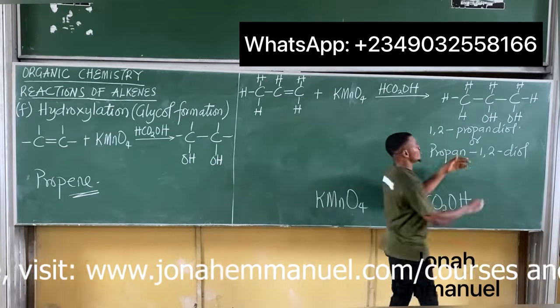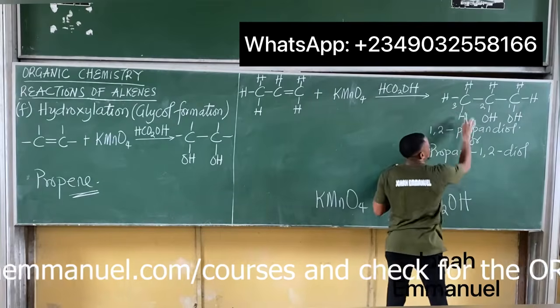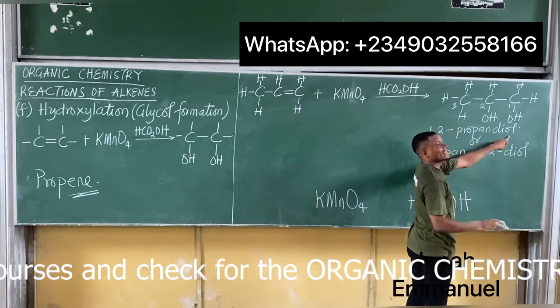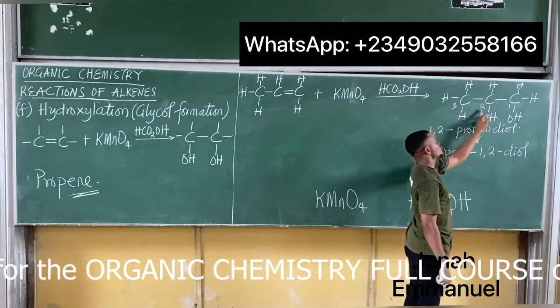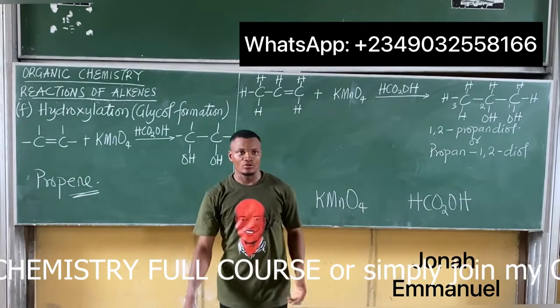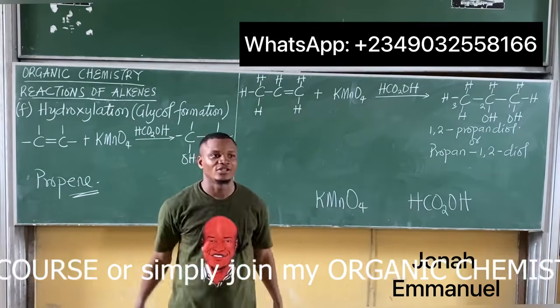Propane, 3 carbons, so my numbering will be 1, 2, 3. It's going to be a propanol, but there are 2 OH, so because of that, a diol. So I'm having 1,2-propanediol, or propane-1,2-diol. This is the end of addition reactions.